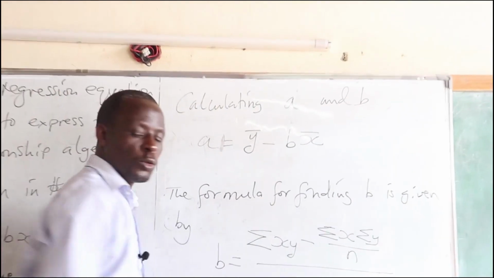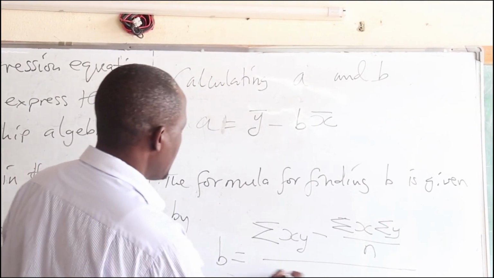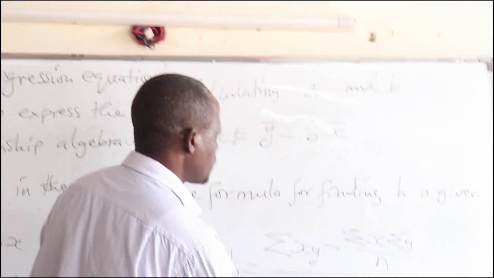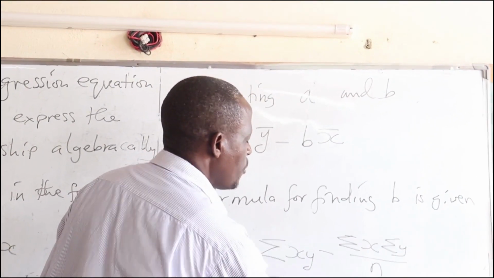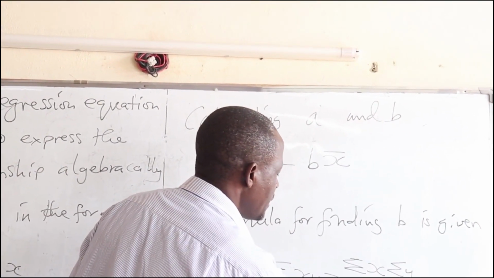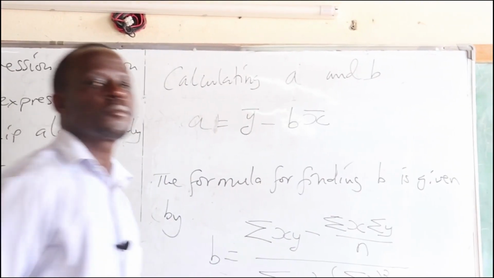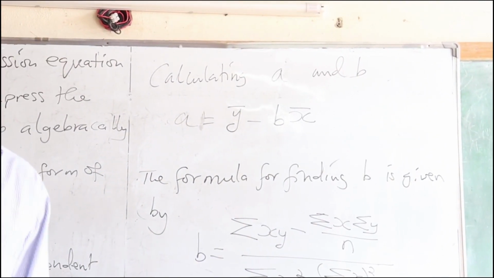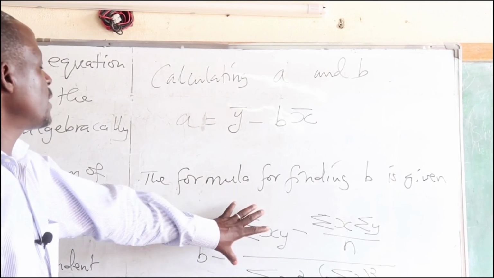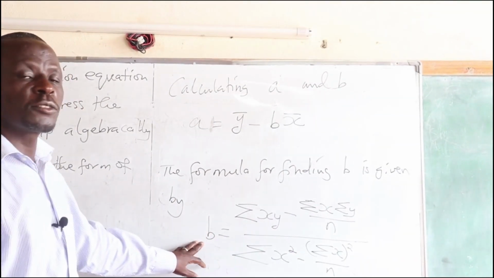You need to divide this by the sum of x squared minus the sum of x, bracket squared, divided by n. If we calculate these values, then we are going to get the value of b.